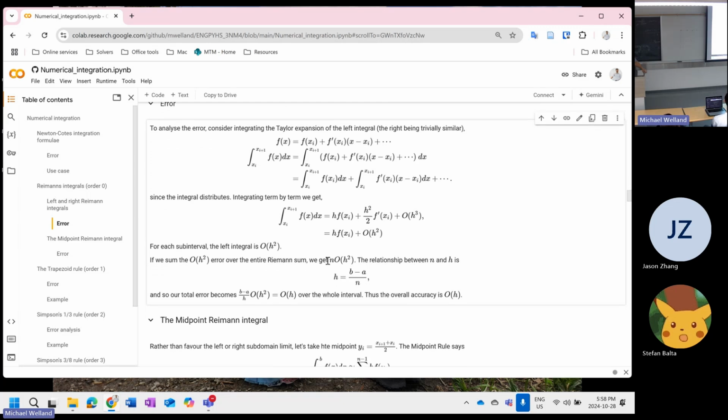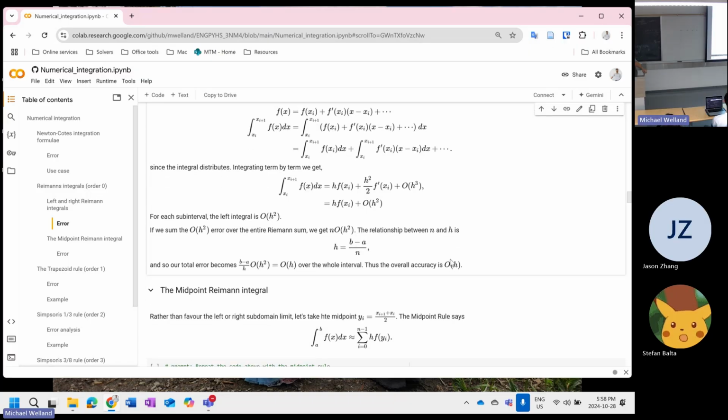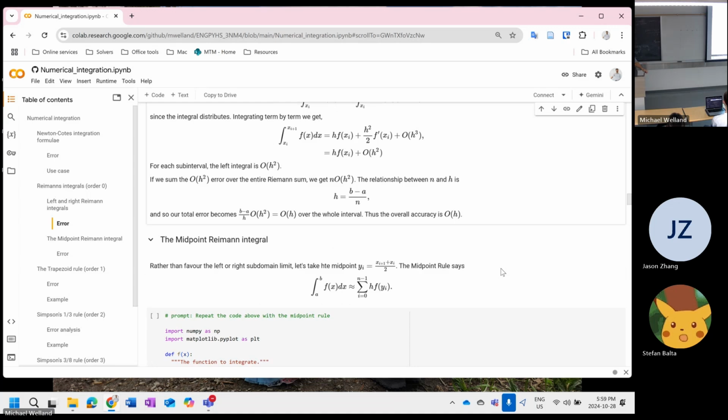But we have to add up all of the subintervals in order to get the full integral, in which case the overall error becomes order h. So the subinterval is, at least in Newton-Cotes, always going to be one order more accurate. So h squared, and the total is going to be h to the 1st. In the same way, if the subinterval is h to the 5th, the total is going to be h to the 4th, and that's because you're just summing up all of your intervals.